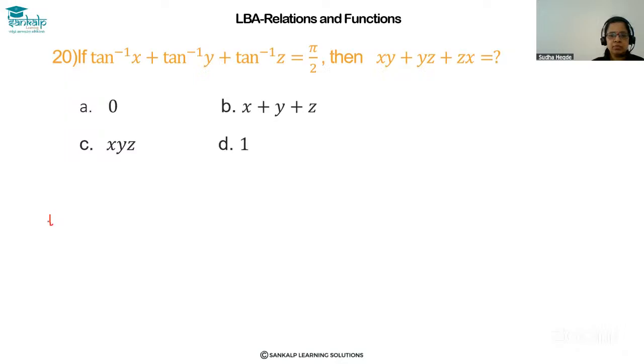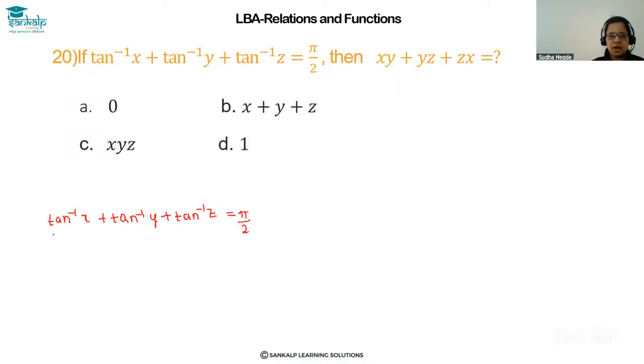Now consider tan inverse x plus tan inverse y plus tan inverse z, that is equal to pi by 2 they have given.